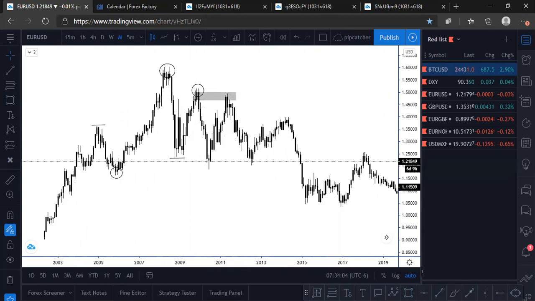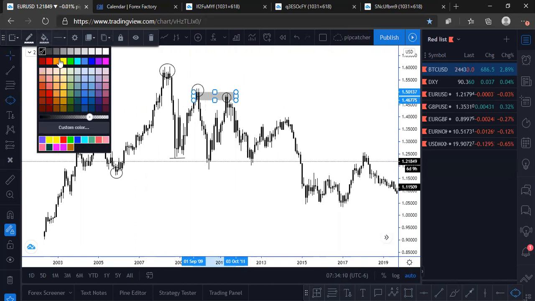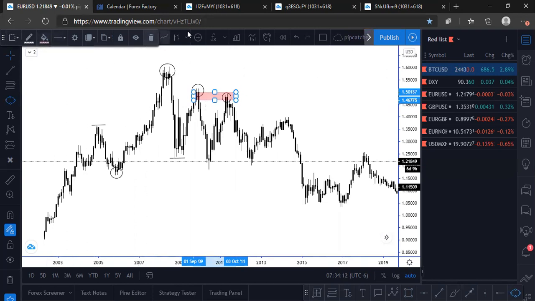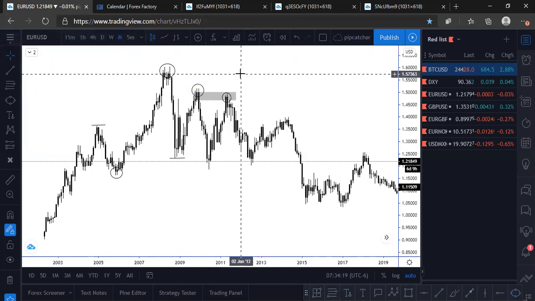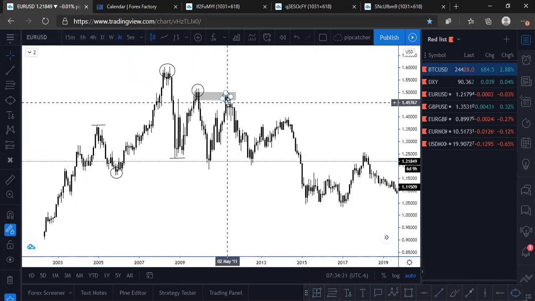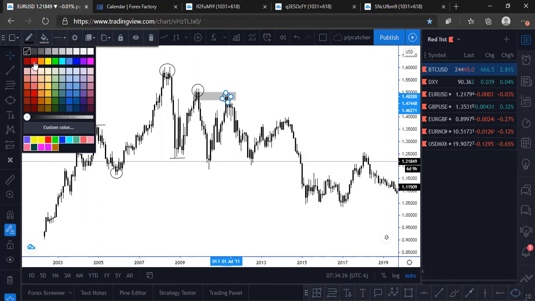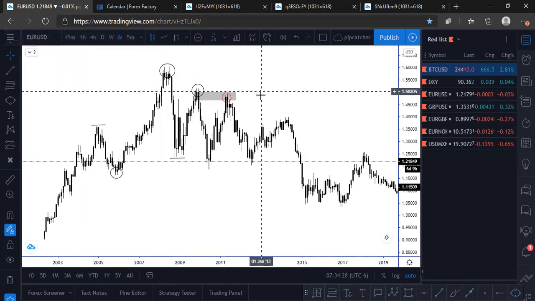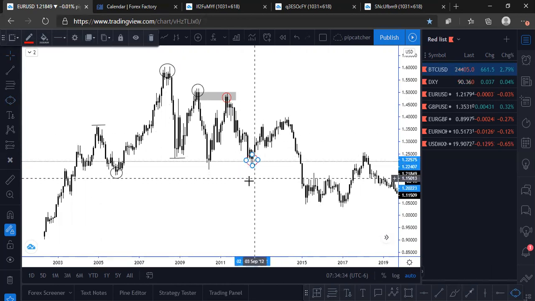From here, we'll make this one red. You guys can't really see the color that well. Oh, it's because of this. Yeah, we'll make that one red, and this swing low red as well.